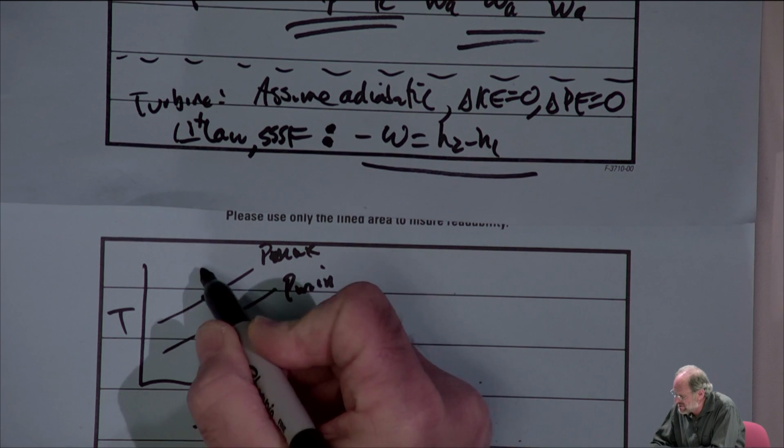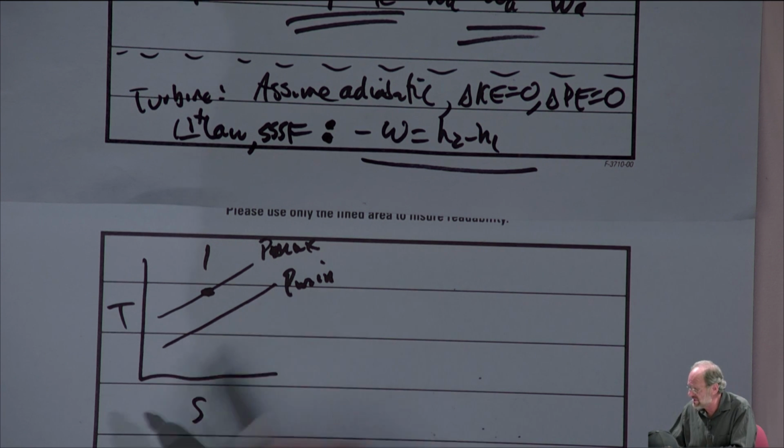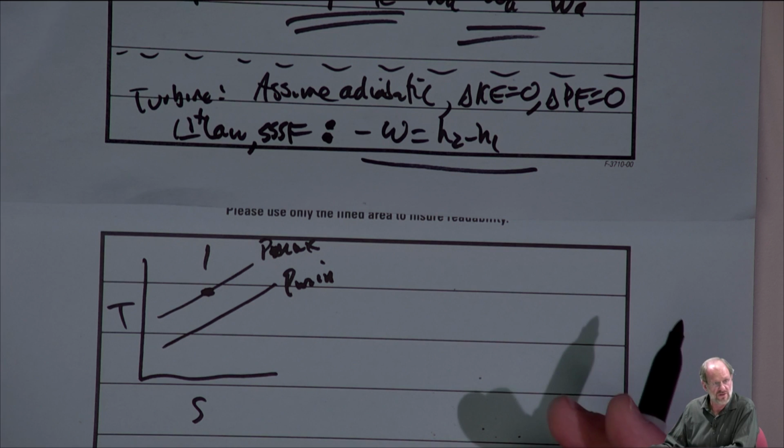We're going to enter the turbine at the high pressure. As it passes through the turbine, it's going to give up energy, the pressure is going to drop, and we're going to end at point 2, which is down here on the lower pressure line. The question is, where's point 2?